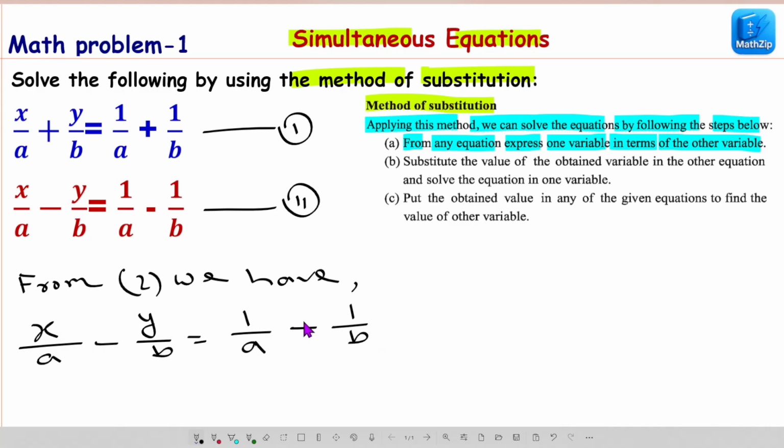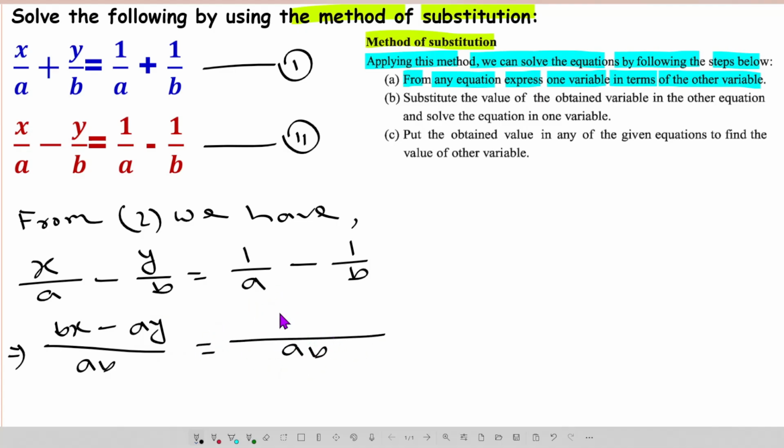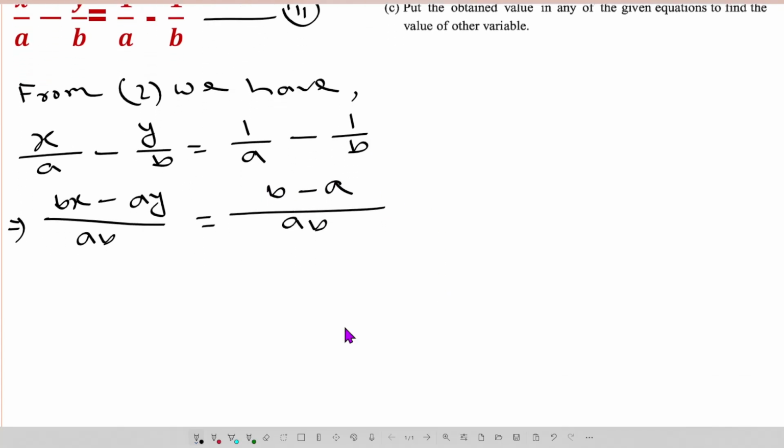Okay, so first we can take the LCM, which is ab. So ab divided by a is b, so this is bx minus ay equals, similarly, ab divided by ab gives b minus a, right? Now we can write bx minus ay equals b minus a.